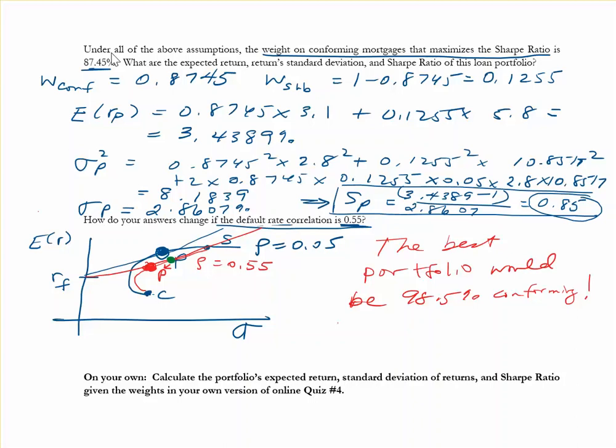The point that I'm trying to make is that if we make a wrong assumption about correlation, then we could make a wrong decision about what to invest in. And this was one of the mistakes that was made that led up to the financial crisis, where lenders and investors in mortgages wrongly thought that the correlation across default rates was very low, if not zero.